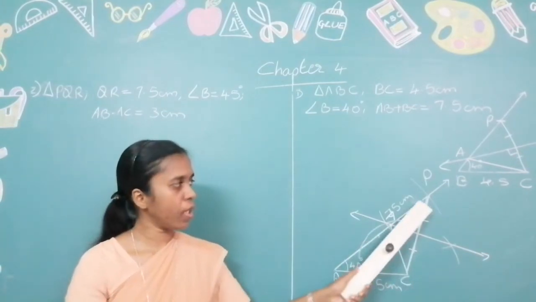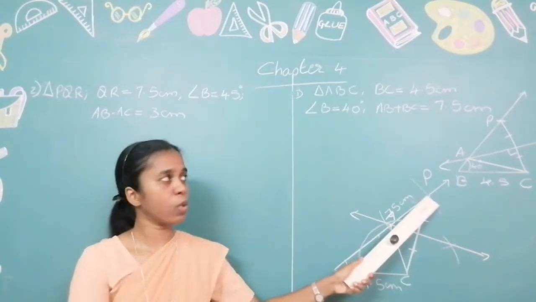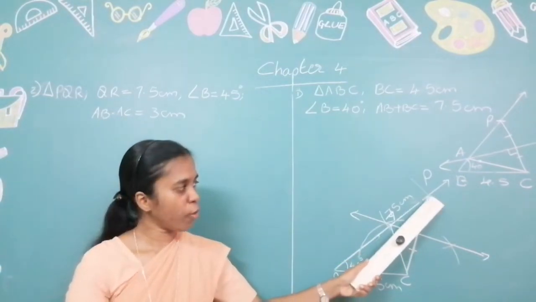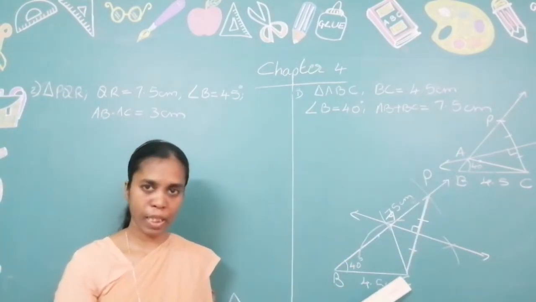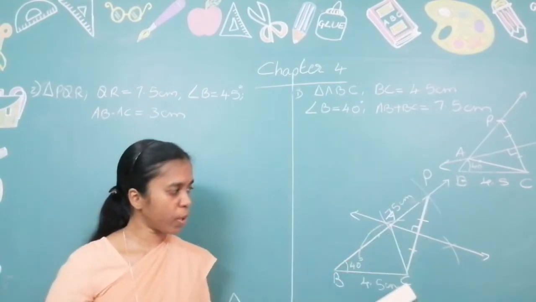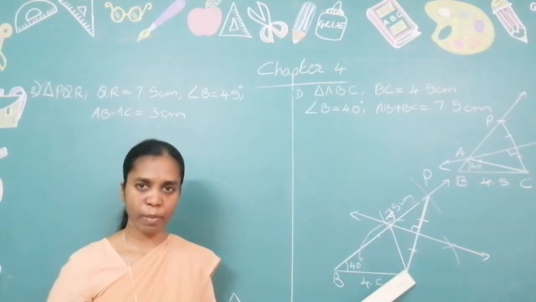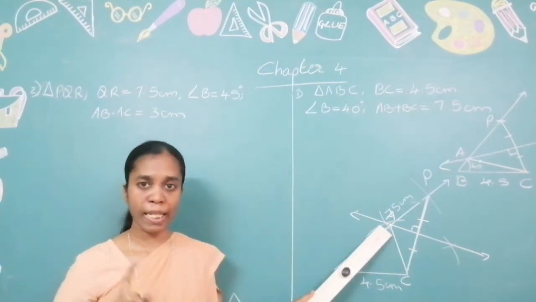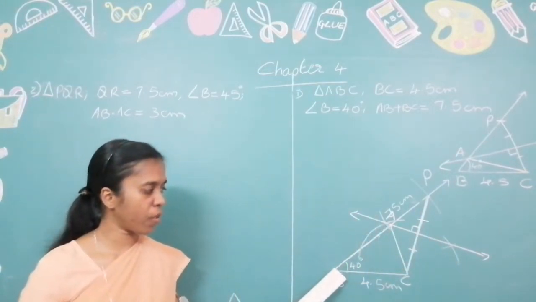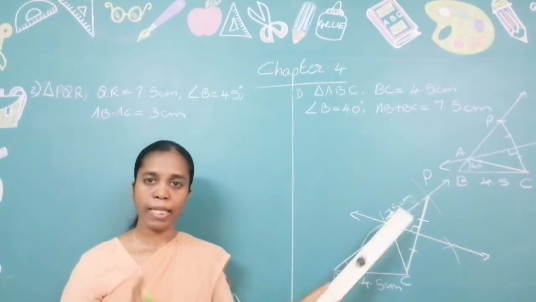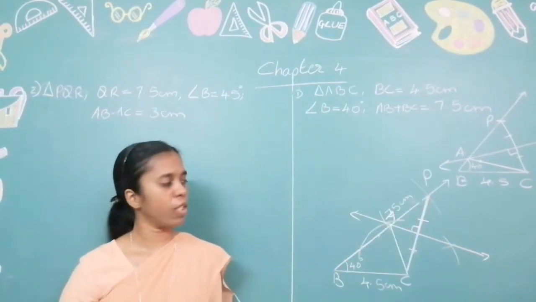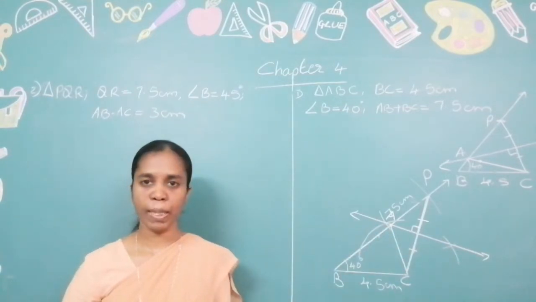So till here, marking this point P is what the measures given to us allow. After that, join from P to C. Then draw the perpendicular bisector of that segment. Wherever that perpendicular bisector intersects the previous ray, that is the third point of the required triangle. From there you join to C.